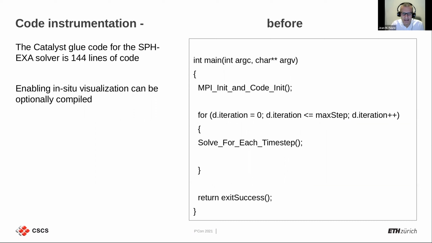And then enabling in-situ visualization can be optionally compiled. So this would be on the right side of my screen, the original code. I do an MPI init, and then I run my solver for a number of iterations until I finish.